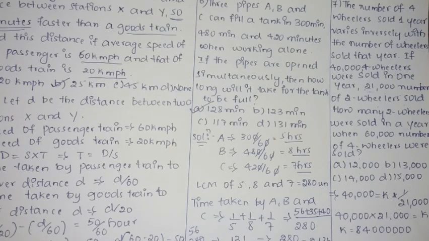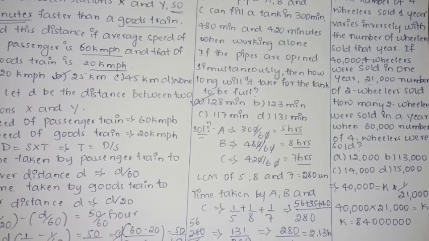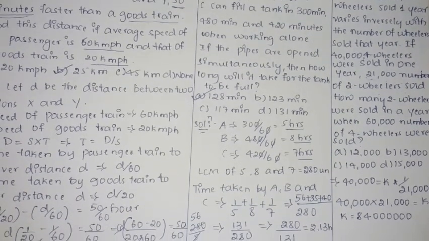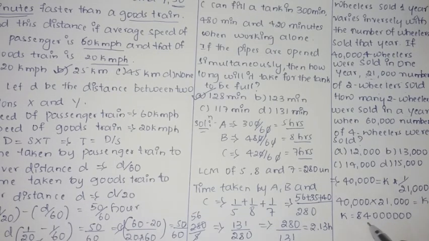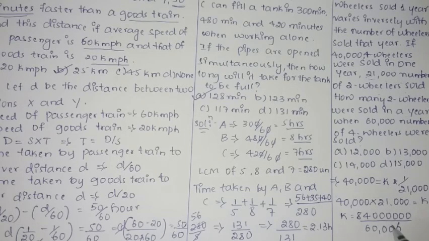Next, they have also given the 2-wheelers sold in a year when 60,000 4-wheelers were sold, so you are supposed to divide by 60,000. So cancel all the zeros.